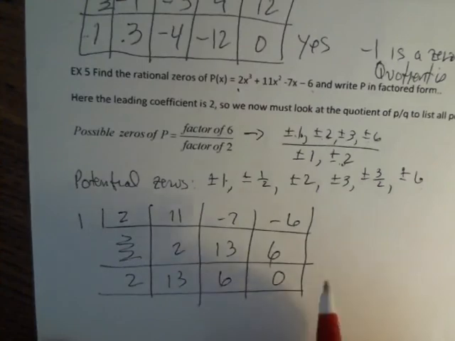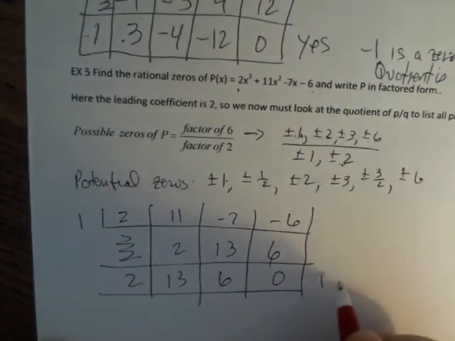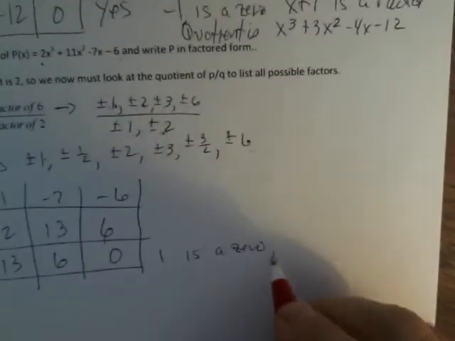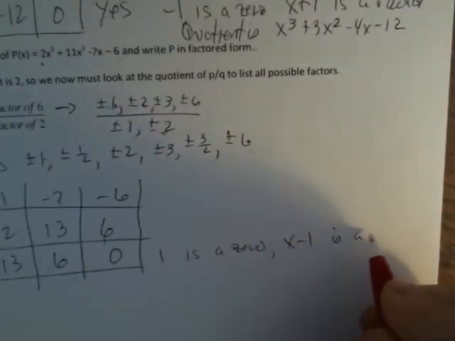So that's my remainder. So 1 is a 0. X minus 1 is a factor.